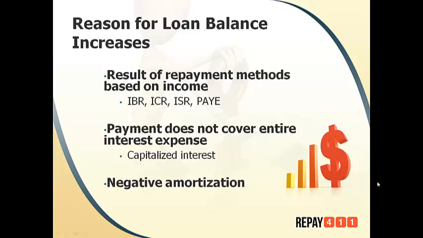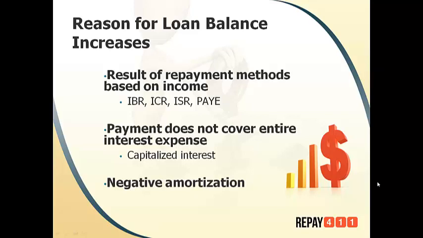All these methods are based on your income level and your debt level being a feasible amount, or a calculation using either 10 or 15% of your disposable income that the government allows you to pay. Because of this, the entire amount may not cover the interest that's being charged to that loan.